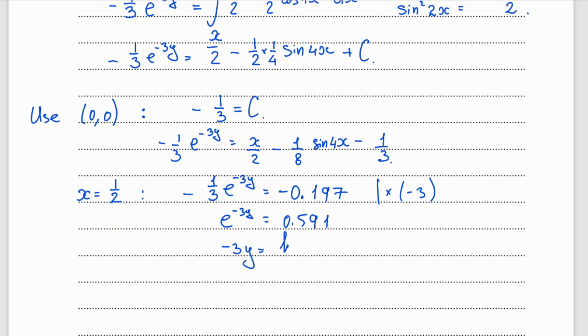Next, take the natural log of both sides and divide by -3 to get y. 0.175.